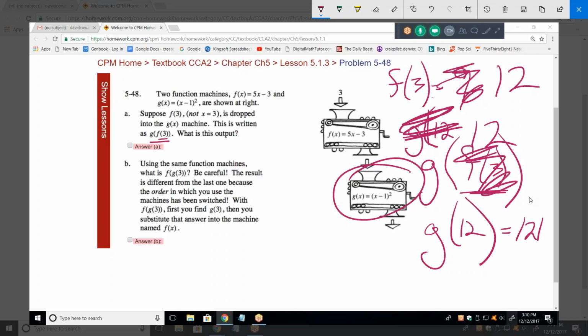Okay. Now, using the same function machines, what's the reverse? What is f of g of 3? Tell me how to do this from the first step.